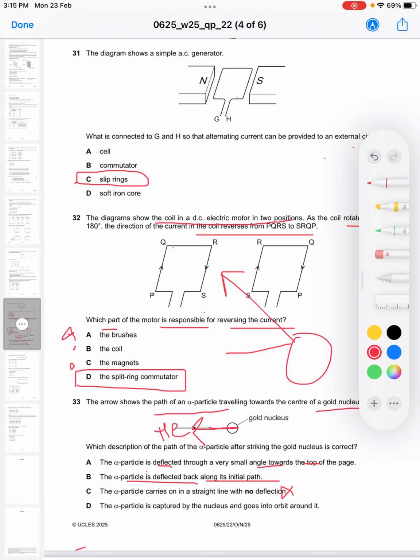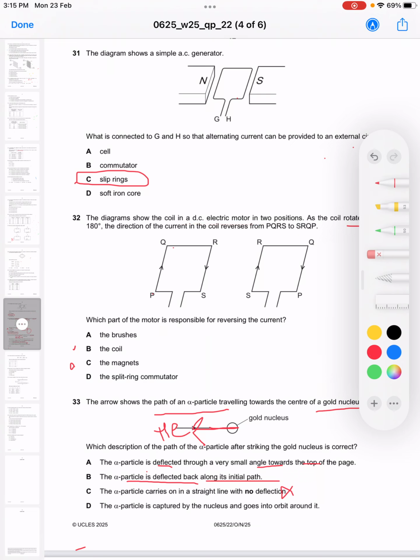So in this case the alpha particles are striking the center of the nucleus, and they are deflected along the initial path. Let me check the last one. The alpha particle is captured by the nucleus and goes into orbit. No, not at all. It will deflect back along its initial path.